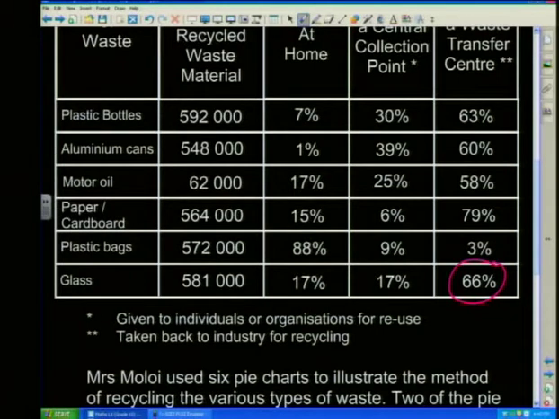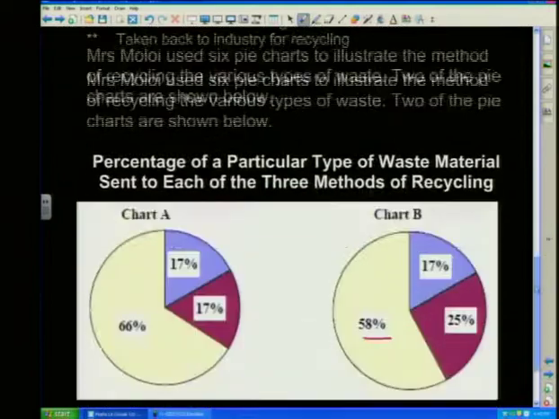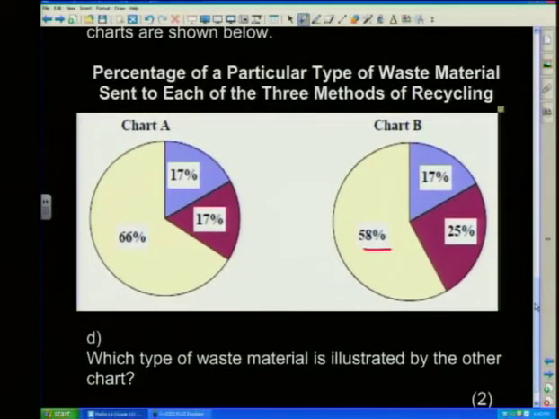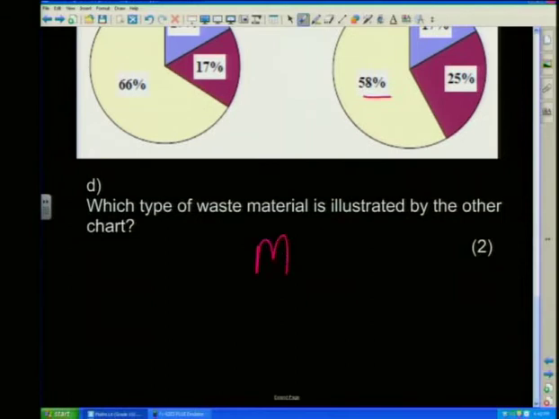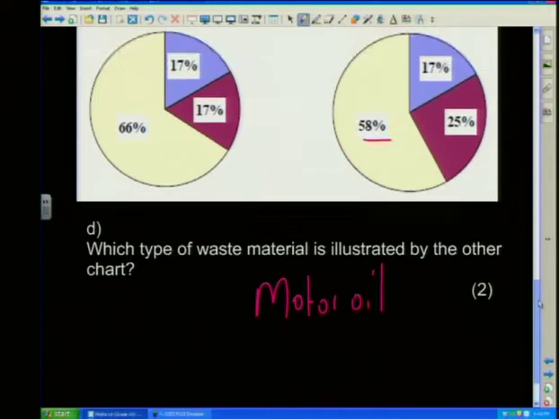We're looking for 58 now. So clearly it must be that one. I'm going to check the other two. Was 25 and 17. So that must be motor oil. So I've got my 25 and 17. This must be motor oil. So motor oil is the other chart.